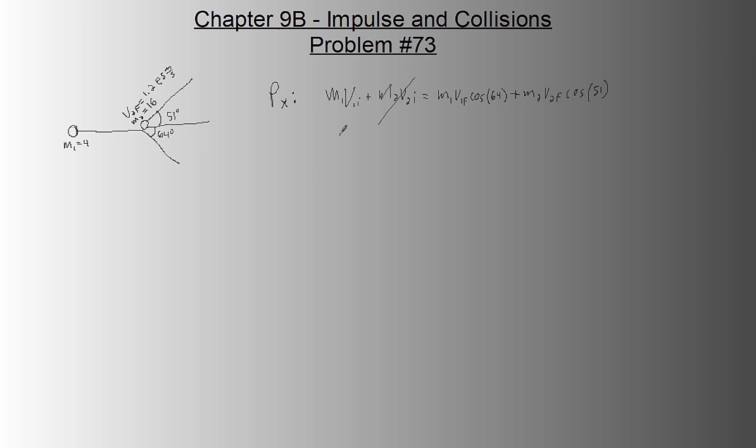We can plug some more things in. We know m2 is at rest initially, and m1 is 4, we're saying, so 4 times v1 initial equals 4 times v1 final cosine 64, plus 16 times v2 final, which is given right here, 1.2 e to the 5 times cosine 51.